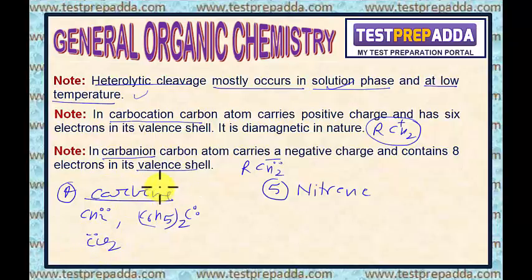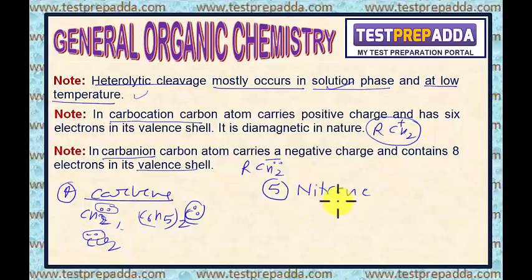Carbene is actually a neutral divalent carbon species. Here carbon has two non-bonding electrons. You can see two non-bonding electrons. This is carbene, this is diphenylcarbene, this is dichlorocarbene.